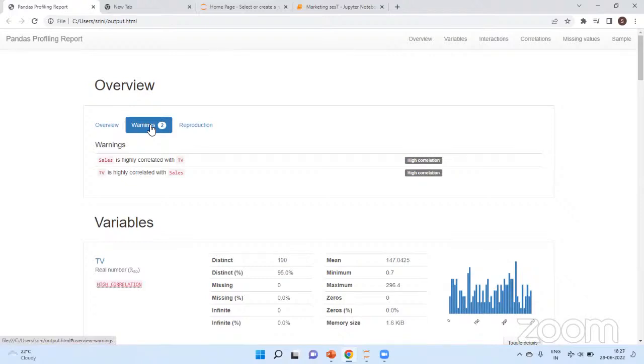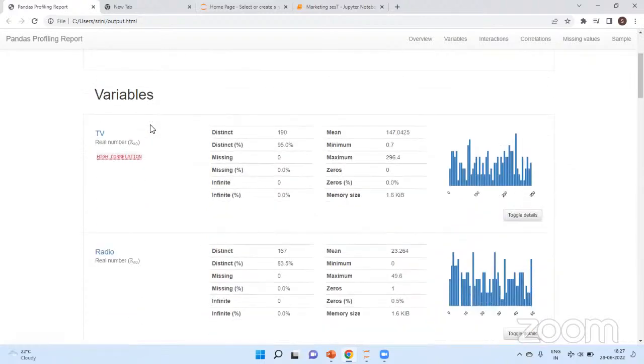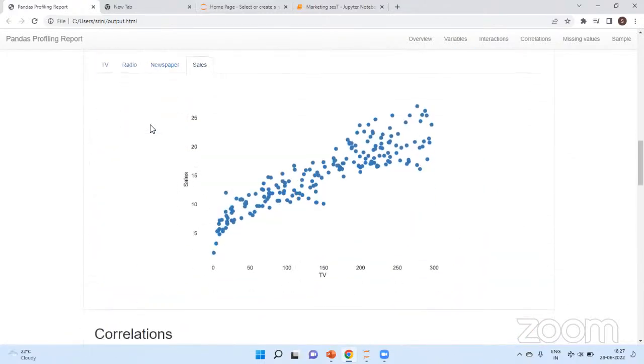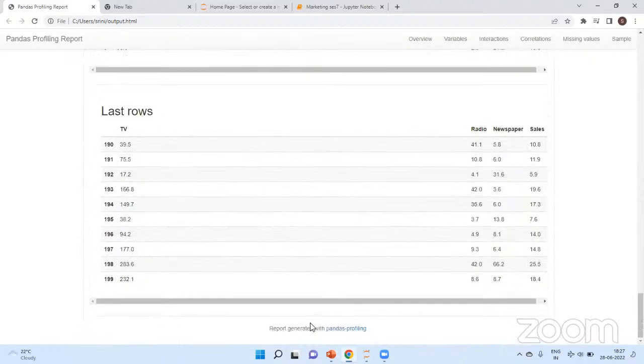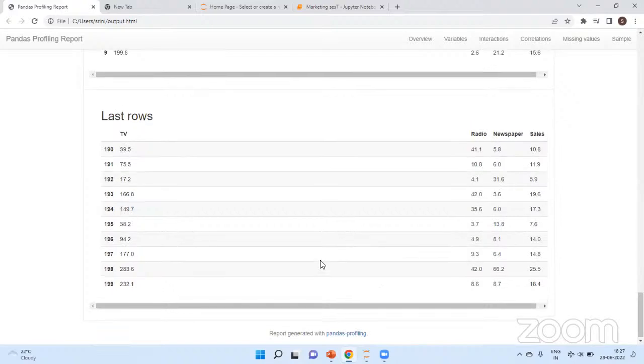High correlation between sales and TV. That is a warning. So this is the auto EDA report.